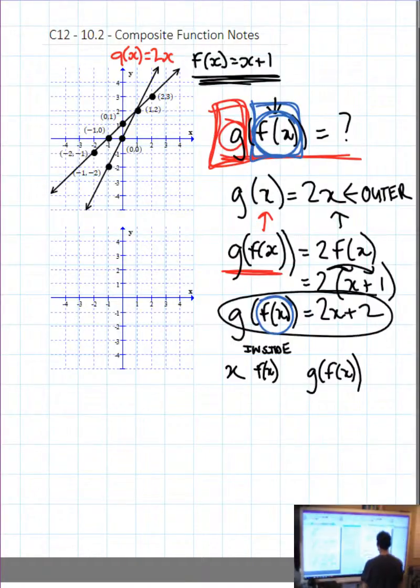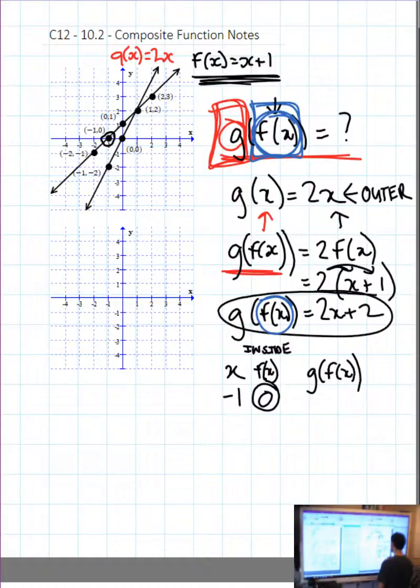So if I choose an x value like -1, well, f of -1 is 0 from the graph. Now g of f of x, well, that means that we are looking for g of that, what we just figured out. Well, f of -1 is 0, f of x is 0, which means that we're looking for g of 0.